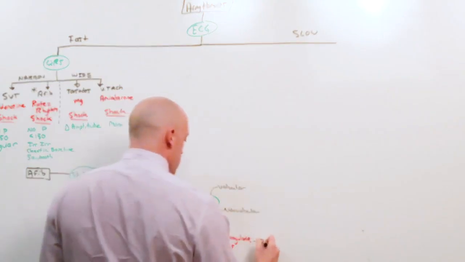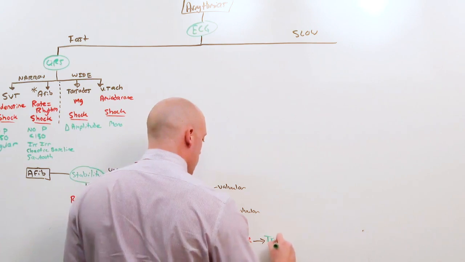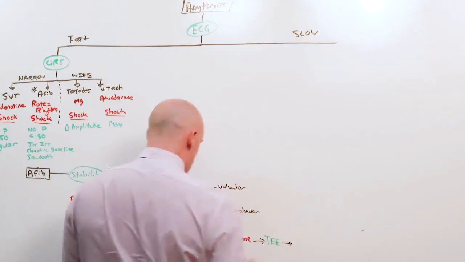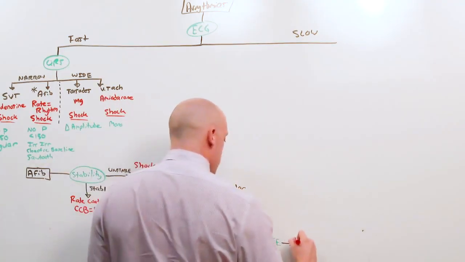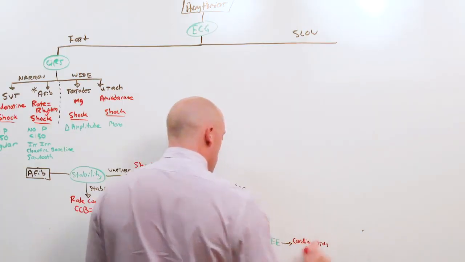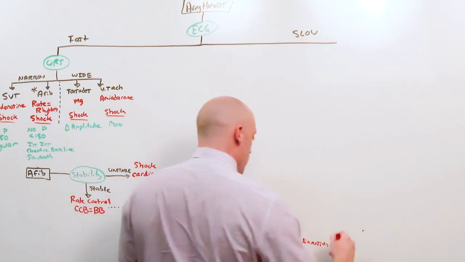Then do a TEE, transesophageal echocardiogram. And while you're there in the endo suite, do some form of cardioversion, either pharmacologic or electrical, and then anticoagulate still for a month.